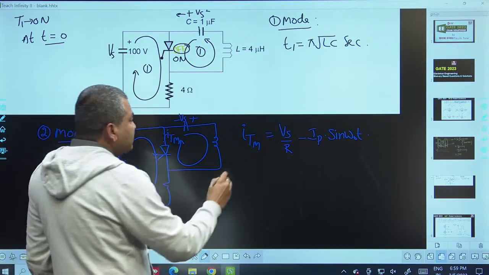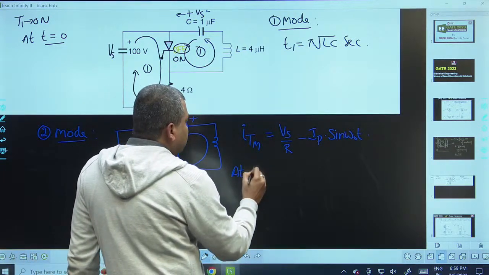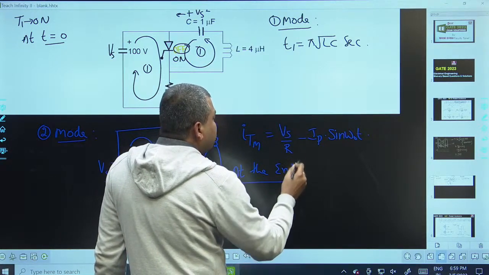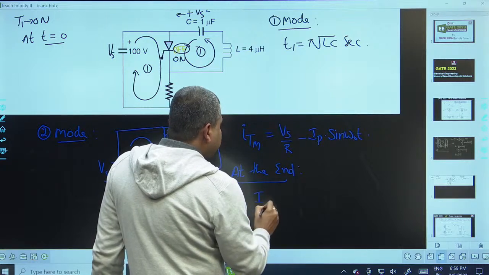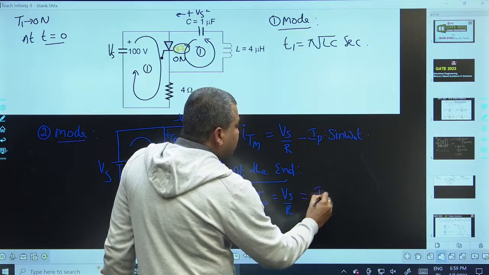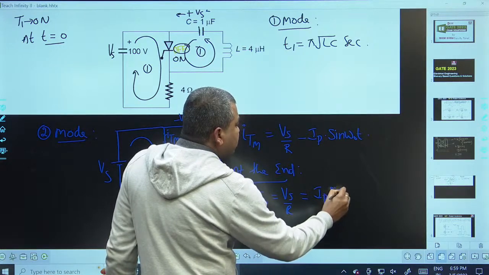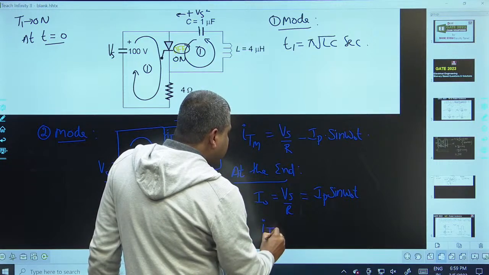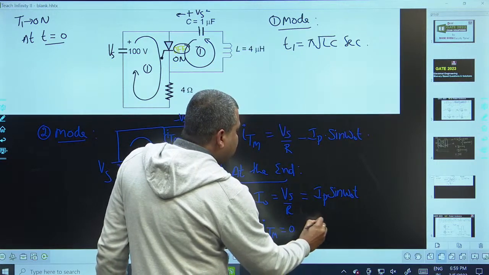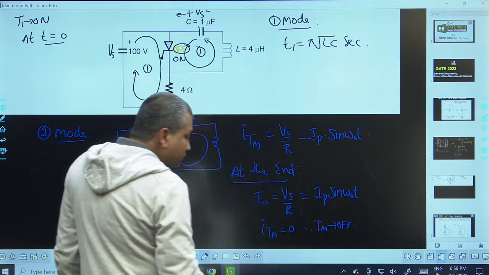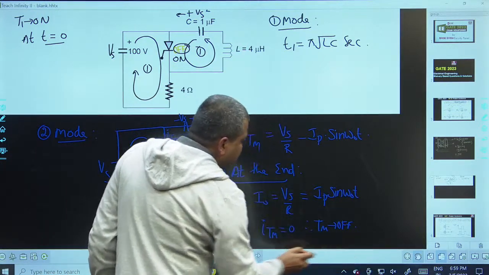Now at the end of the second mode, when these two currents are equal, when I naught, meaning Vs by R, is equal to Ip into sine omega t, the current passing through the main thyristor drops to 0 and therefore the main thyristor will turn off. So how do you find out the duration of the second mode?